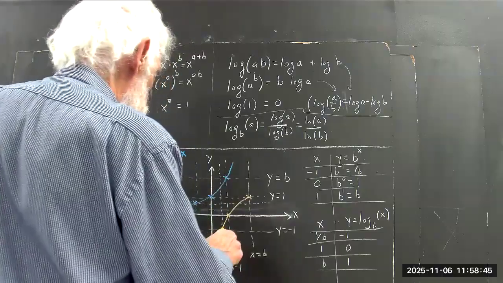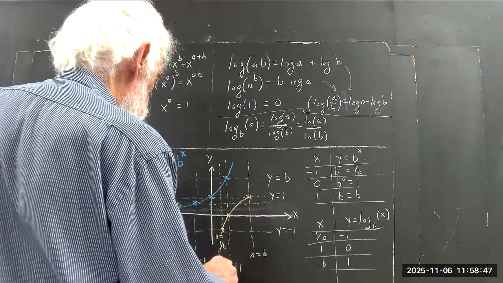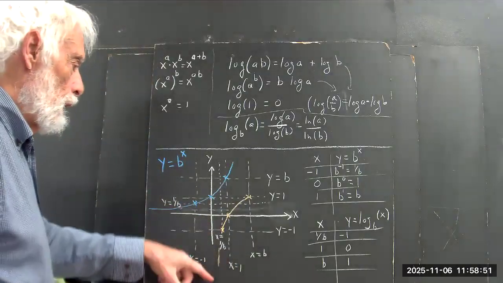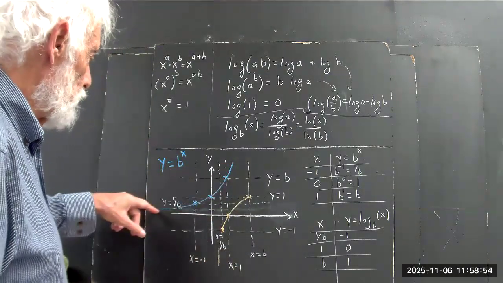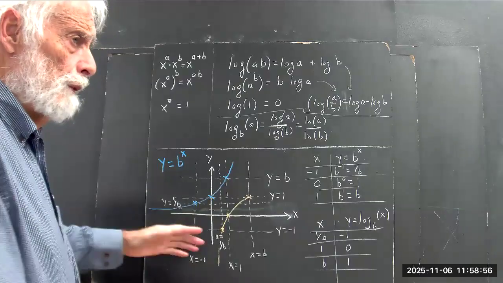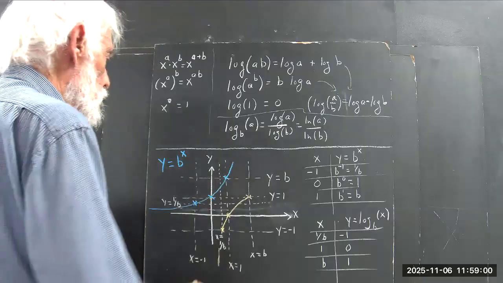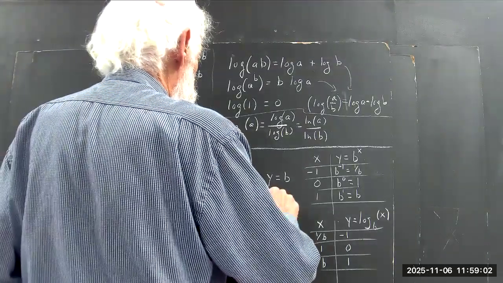And this curve will continue on down here. It's going to be asymptotic to the y-axis because the other curve is asymptotic to the x-axis, and we swapped the meanings of x and y. And of course, the curve will continue on.